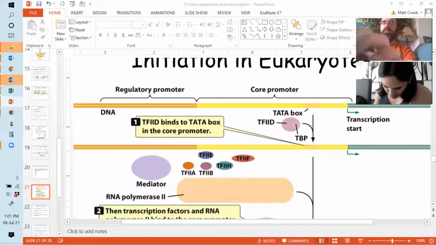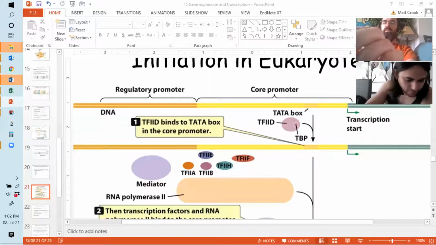And then you also have a regulatory promoter. And this is where all the other transcription factors and transcriptional activator proteins and repressors bind. And that can be thousands of base pairs long.